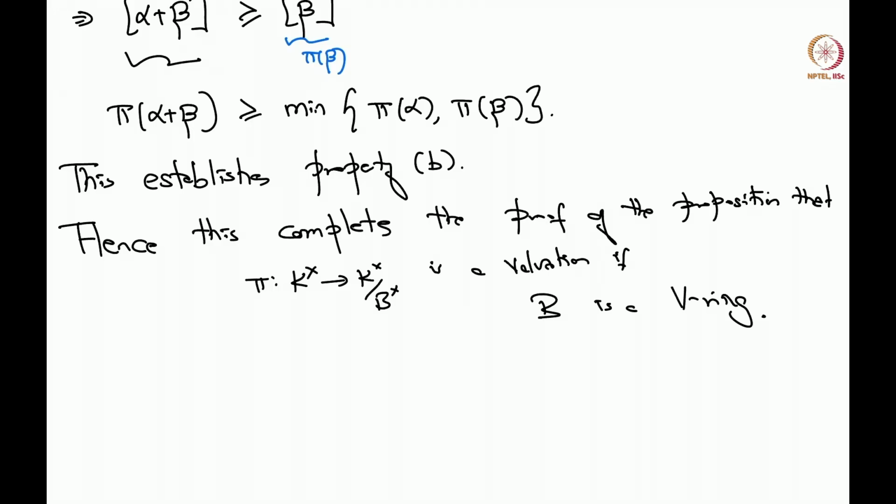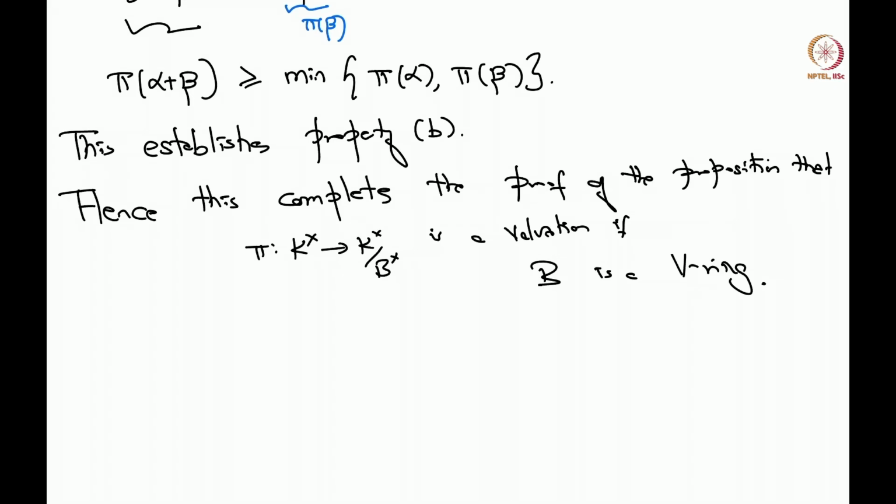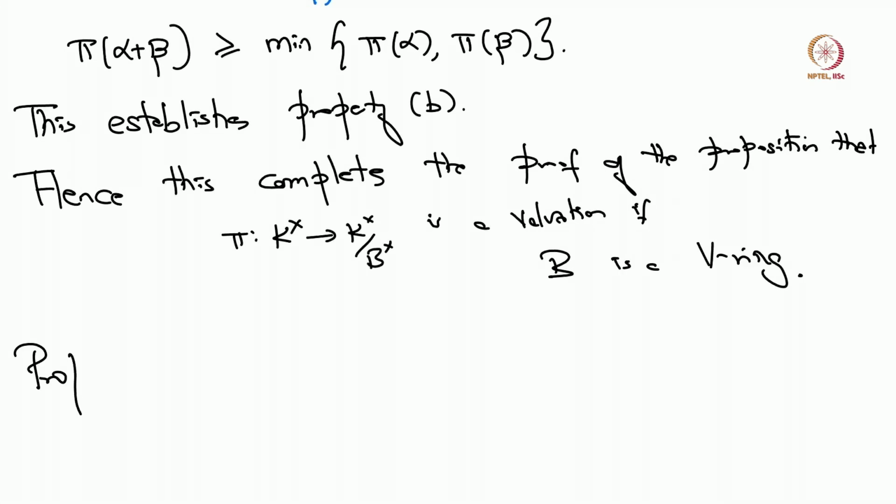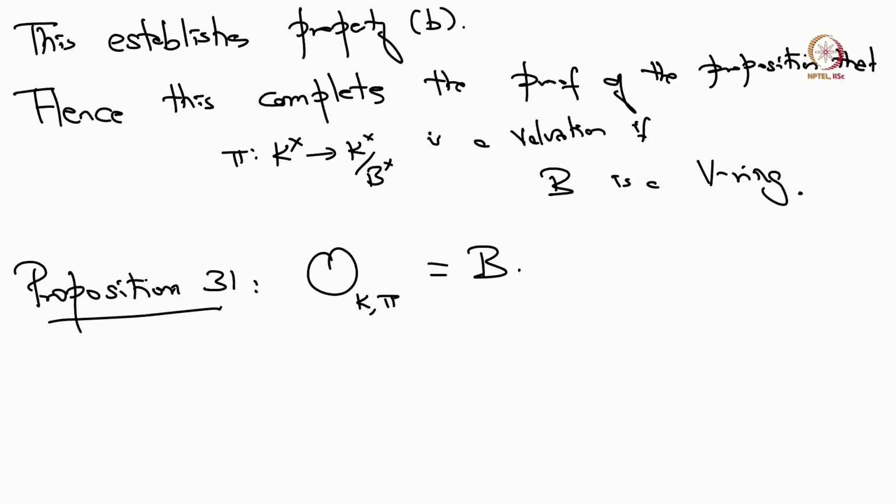So I have this valuation, and we consider this valuation ring for that, which we call OK pi, and we can ask how is it related to B, and the next proposition is that this equals B. Okay, so remember that the valuation was taking values in K cross mod B cross, so I'll let gamma denote K cross mod B cross.